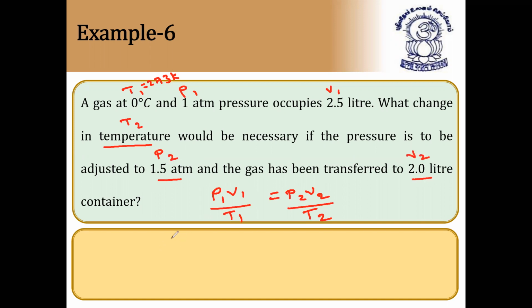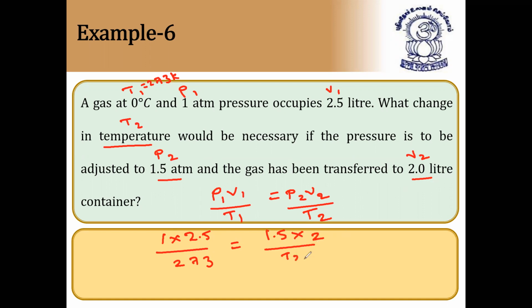So substituting in this formula, P1 is equal to 1, V1 is equal to 2.5 liters, by T1 equal to 273 kelvins because 0 degrees C. P2 is 1.5 atmospheres and the volume is given as 2 liters, by T2.